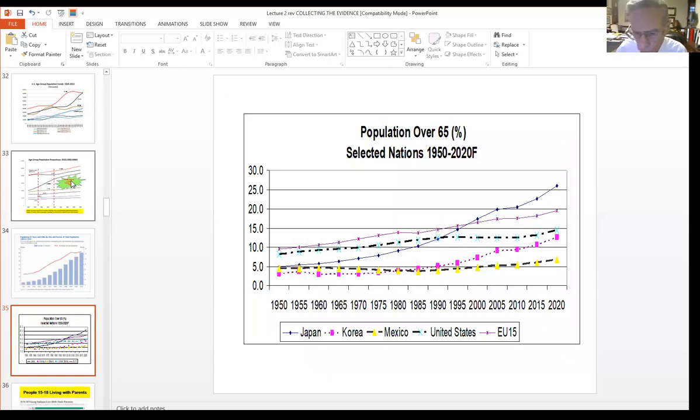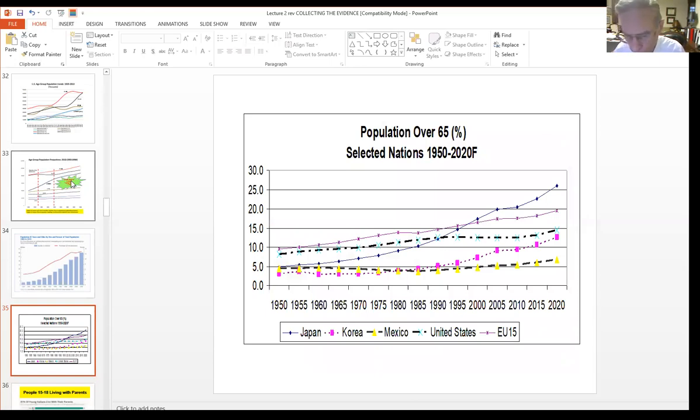Here's a chart that shows the trend for our country, some other countries, and groups of countries. And which country has the largest proportion of people over 65? And lo and behold, at about 22.5% of its total population is Japan in 2015.